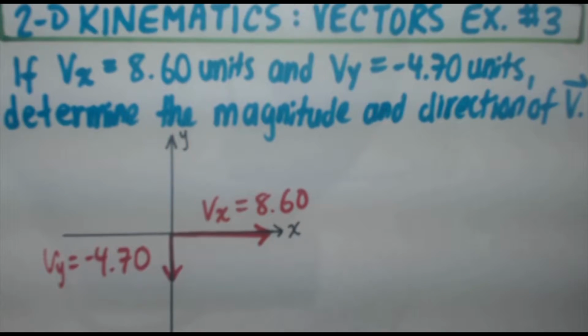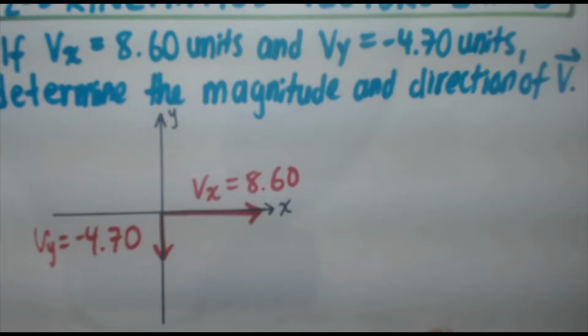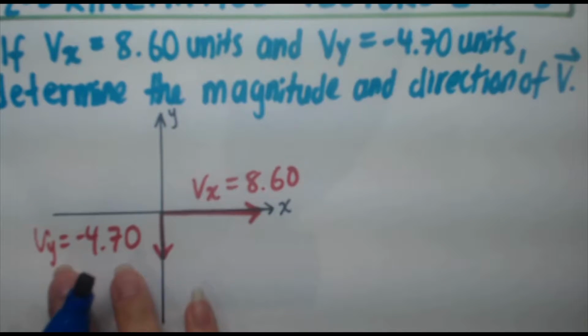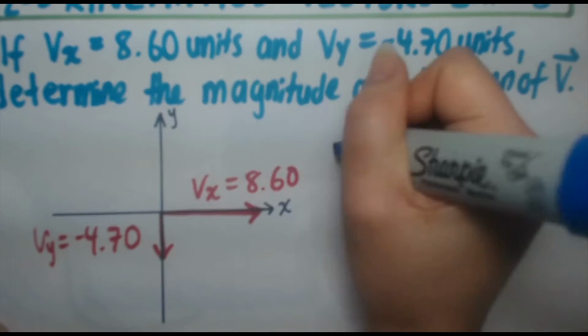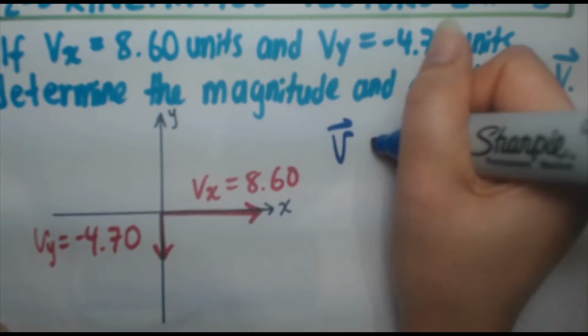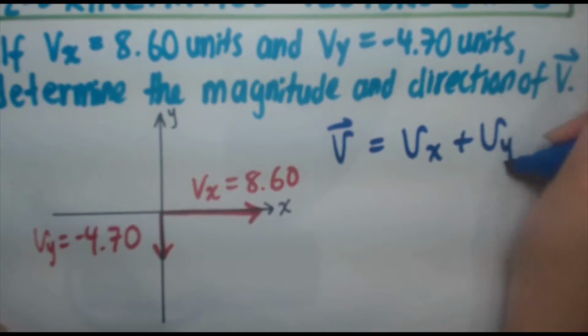Okay, now something you need to understand is that every vector has different components. Since we're dealing with a two-dimensional space here, every vector will have an x component and a y component. If we were dealing with three-dimensional space, each one would have an x, a y, and a z. Okay, so our vector V is going to be comprised of its x component and its y component.